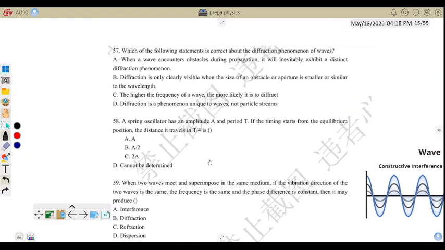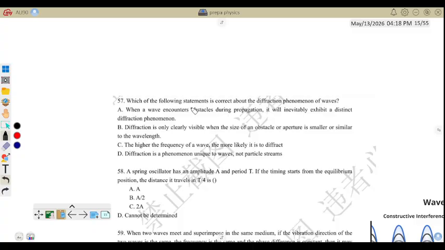For 57 here, which of the following statements is correct about the diffraction phenomenon of waves? A: When a wave encounters obstacles during propagation, it will inevitably exhibit a distinct diffraction phenomenon. B: Diffraction is only clearly visible when the size of an obstacle or aperture is smaller than or similar to the wavelength.